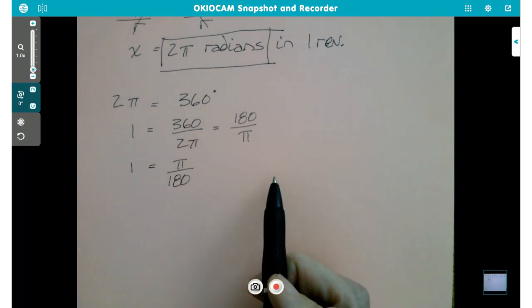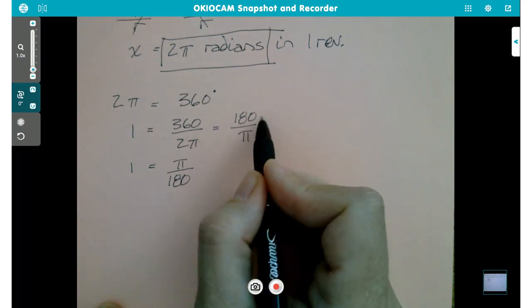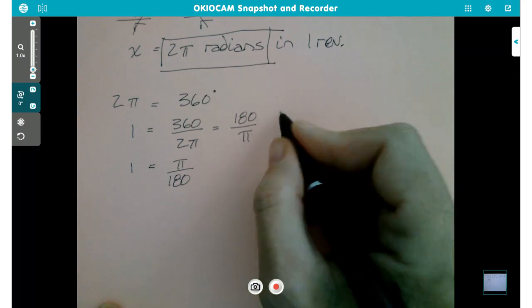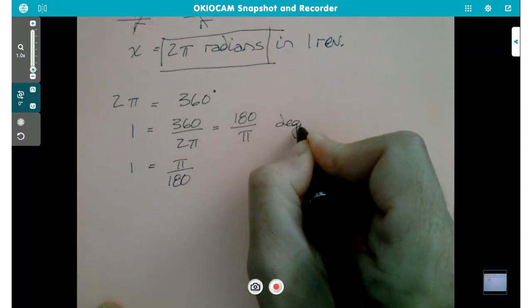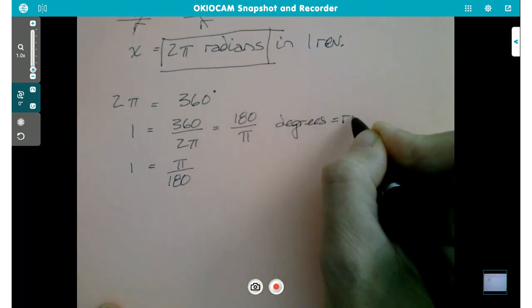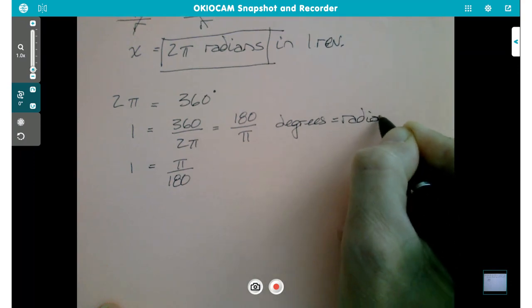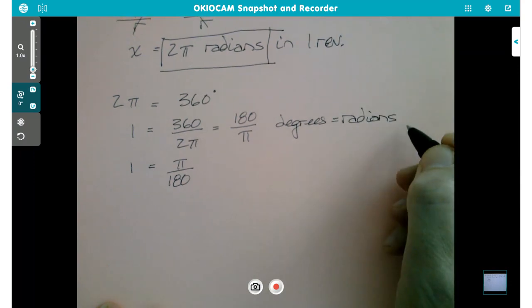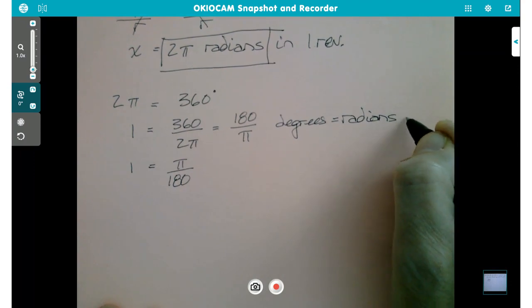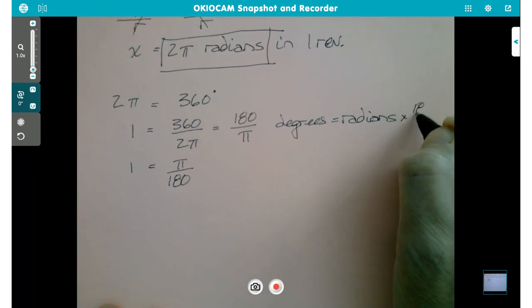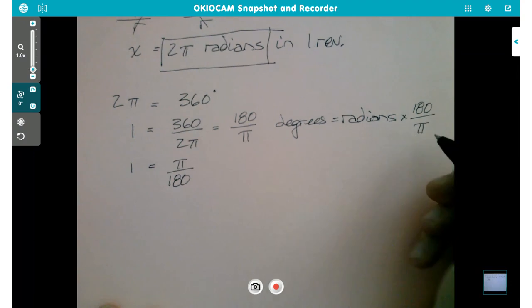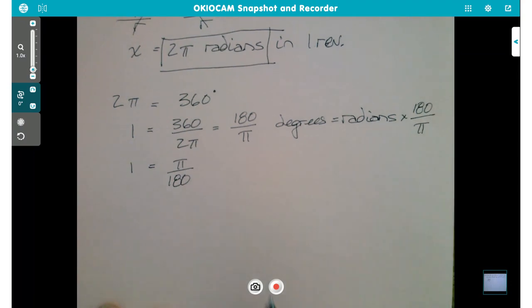So if I have an angle measure in degrees, and I would like to change it to radians, here's my conversion factor. I'm going to say that again because I'm not sure I said it the right way around.